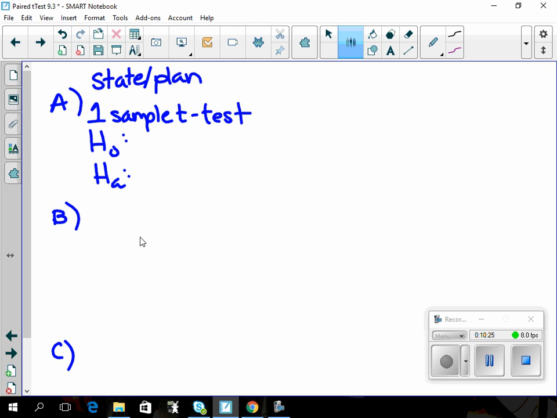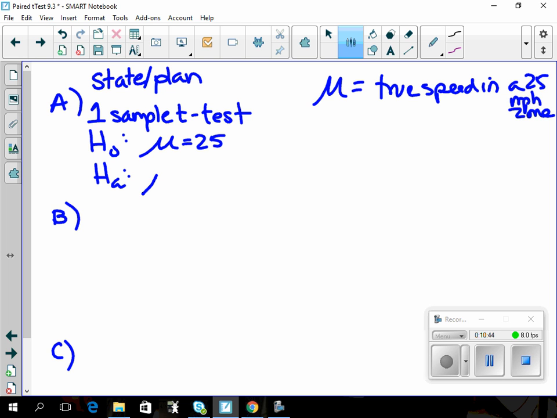I'm just going to write the parameter of interest, which was the true speed in a 25-mile-an-hour zone. Or you could have written it in terms of the null and alternative as well, but we should have that mu equals 25 and mu is greater than 25. If they have all of those pieces, please write an E on their paper. If they are missing one, it's a P. More than one, it's an I.